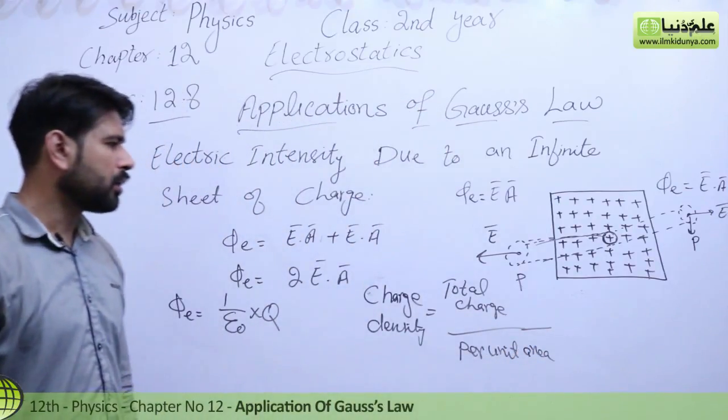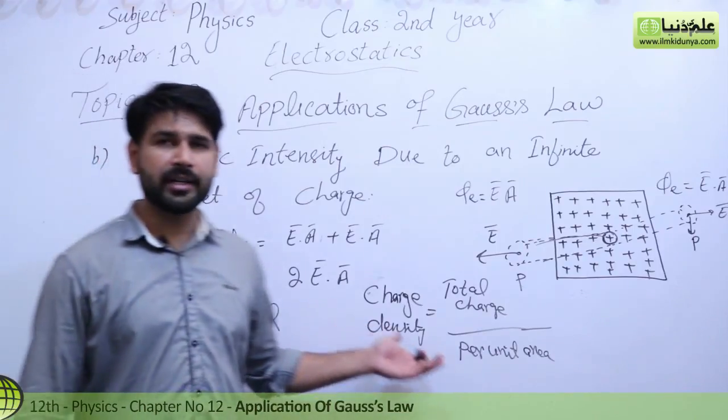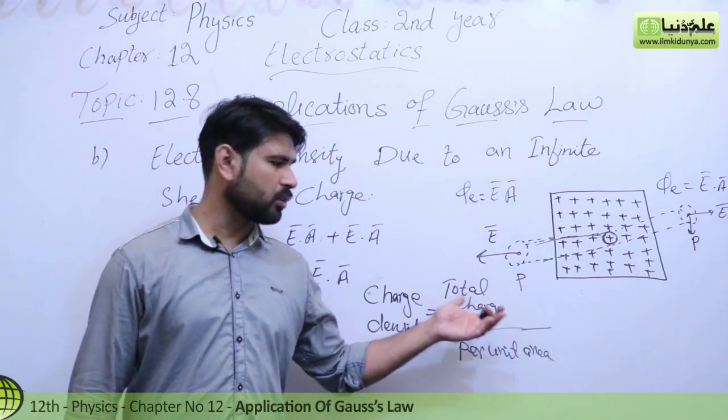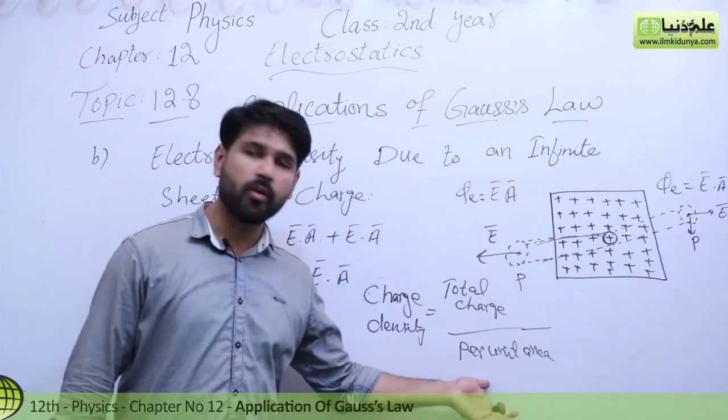So this is the total charge density, the number of charges per unit area.